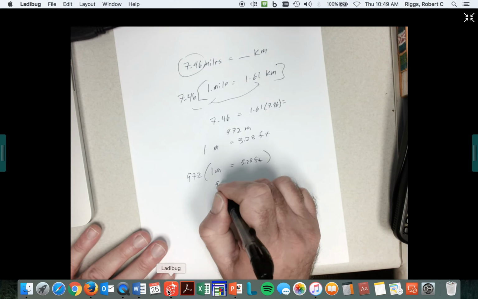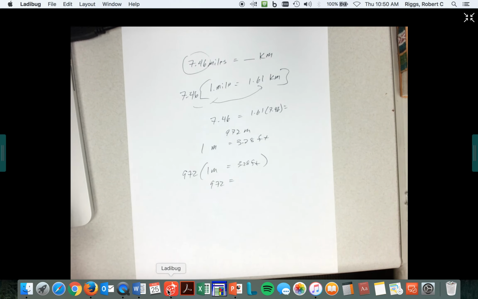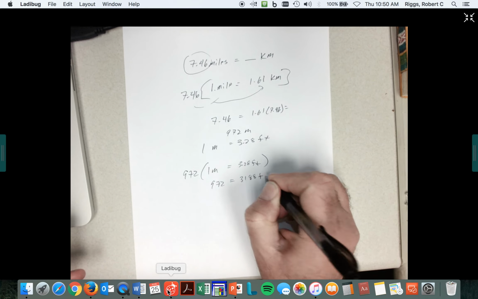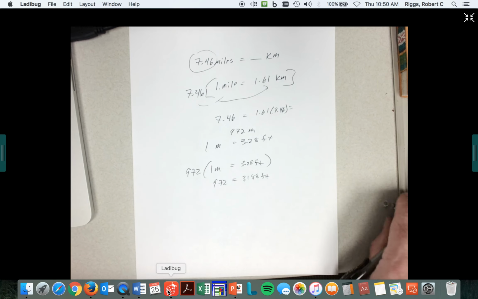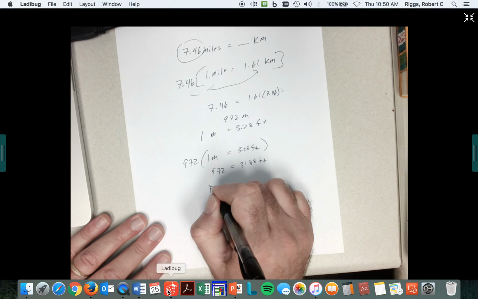Multiply them both, so 972 meters equals, got to multiply them both now. 972 times 3.28 equals 3,188 feet. That's like 0.6 miles high. That's really, really high.